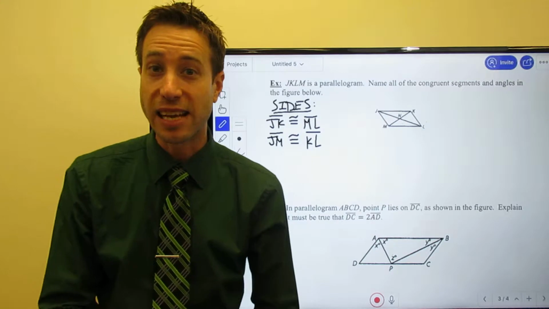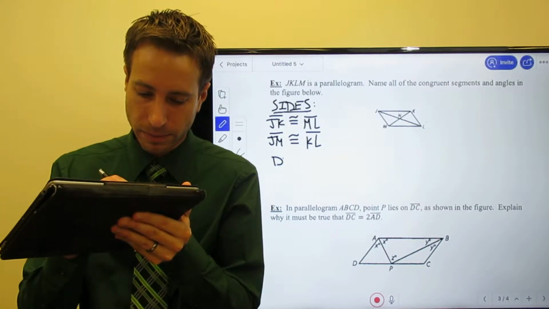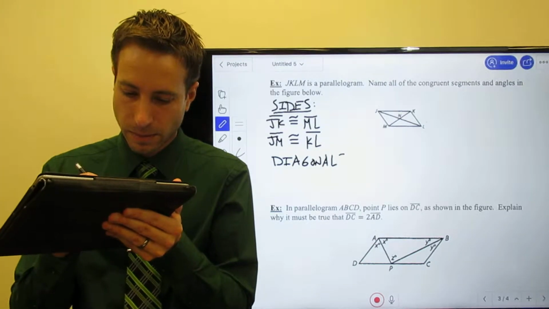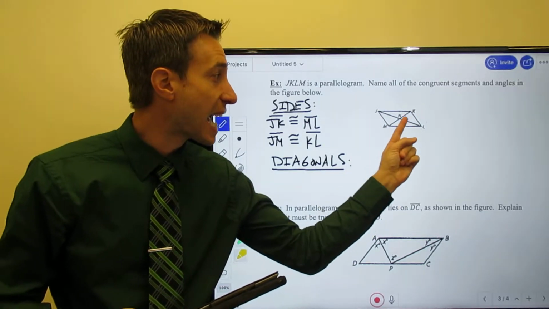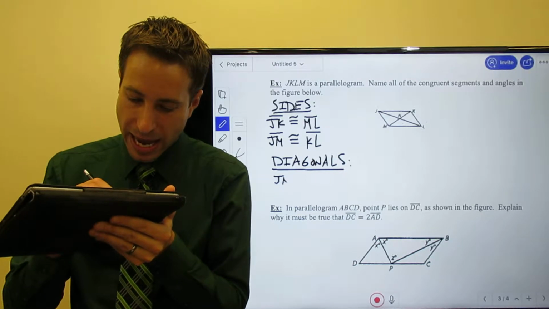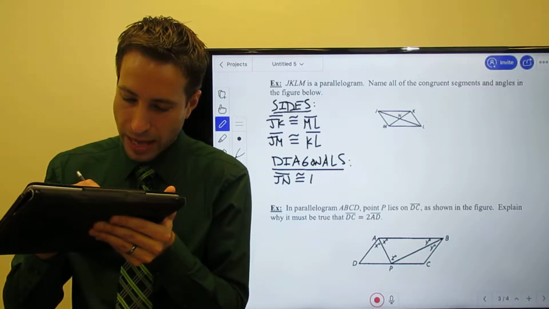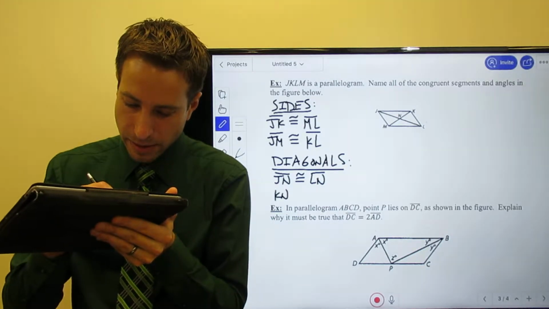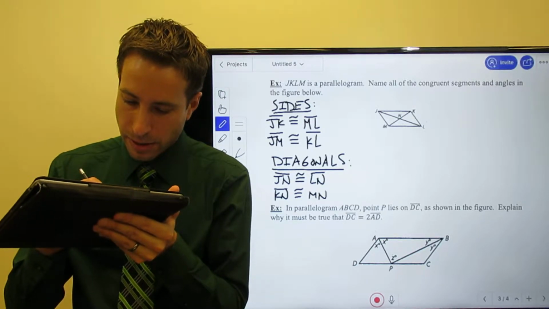In addition to sides, I also know something about the diagonals. Right, what do I know about diagonals? Well, I know that the diagonals bisect each other. So I know that JN is congruent to LN, and I know that KN is congruent to MN.